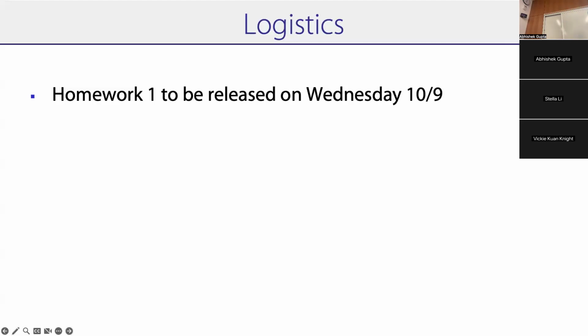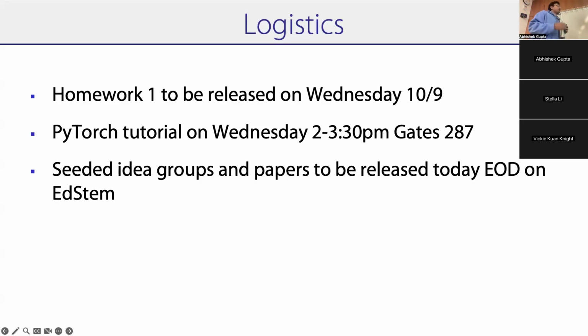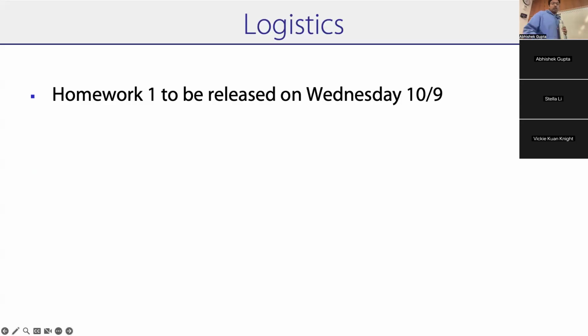Cool. But let's start with some logistics. Homework 1 we'll release on Wednesday. It's going to be on imitation learning. Specifically, we'll cover behavior cloning, Dagger, and autoregressive policies. And we'll have extra credit being diffusion policies. I didn't go through diffusion policies in enough detail in class, but it's extra credit.